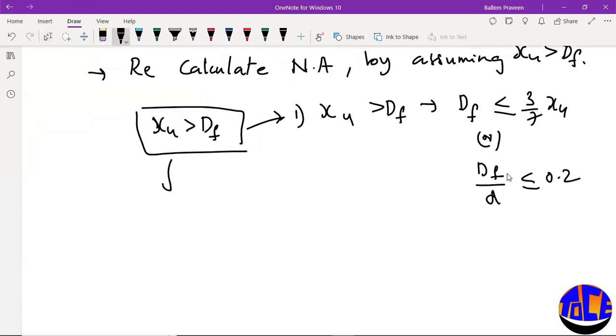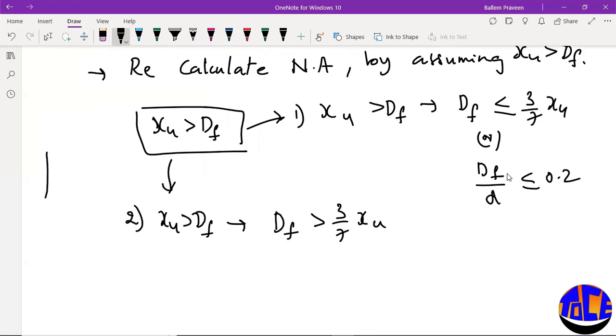And the second case: xu is greater than Df, and Df is greater than 3/7 of xu. What is 3/7 of xu? We have already discussed that.